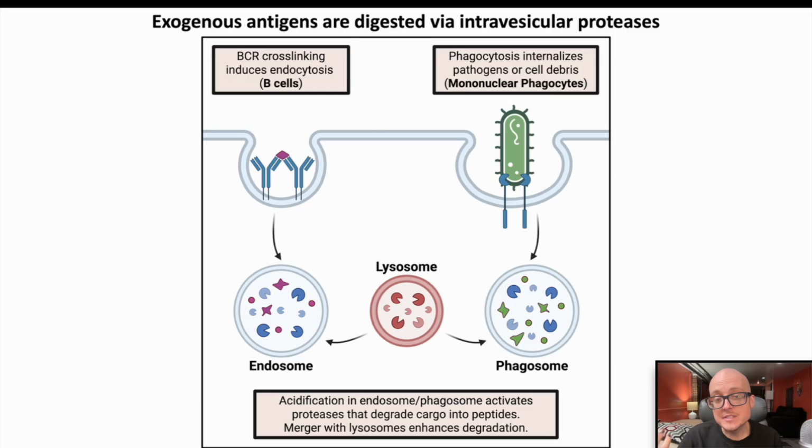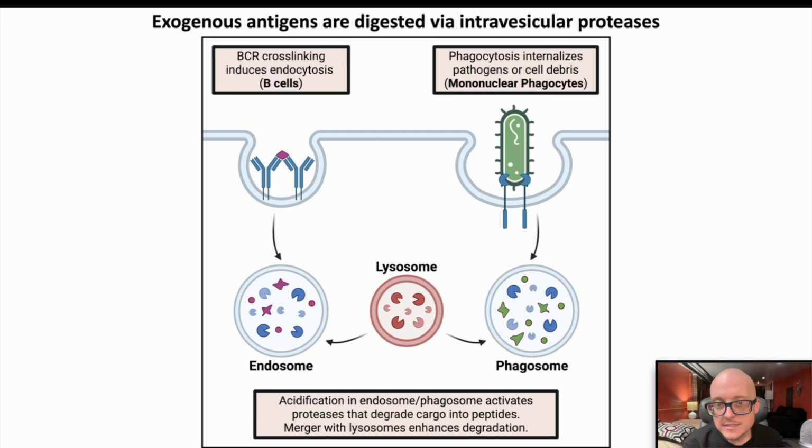And those smaller fragments then can theoretically be used as exogenous antigens. In addition to the proteases that the endosomes contain naturally, endosomes can fuse with lysosomes to create structures called endolysosomes. And the proteases and other enzymes in lysosomes further the project of degrading exogenous proteins into exogenous antigen peptides.